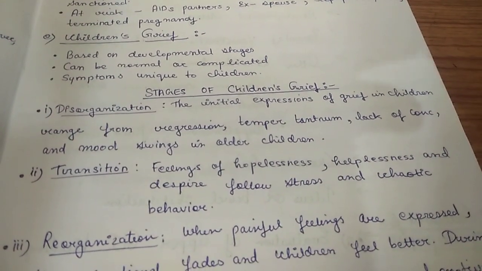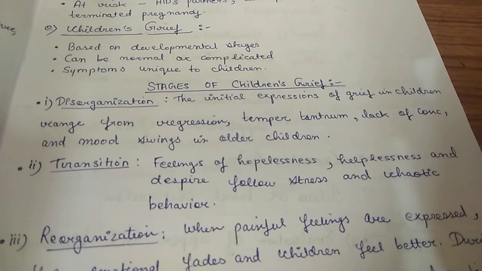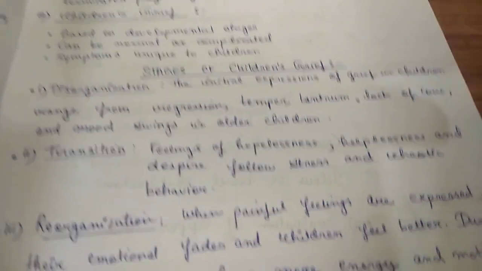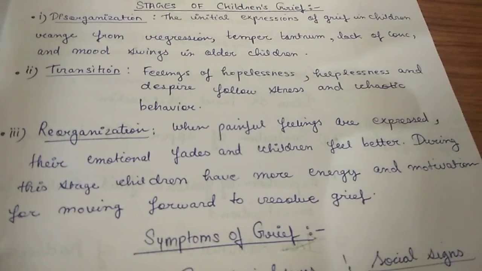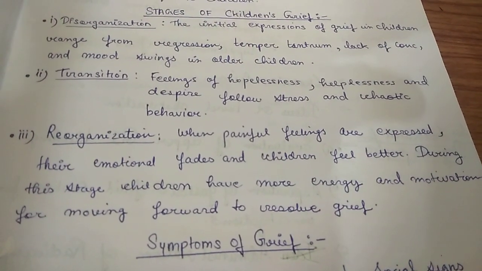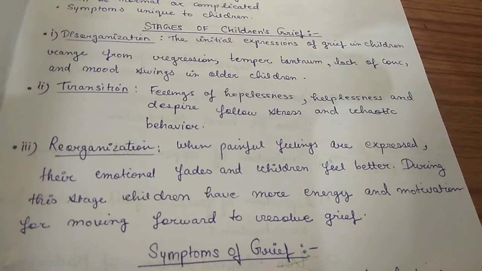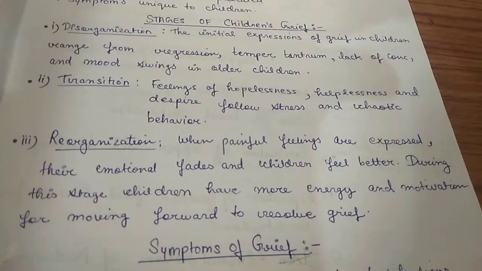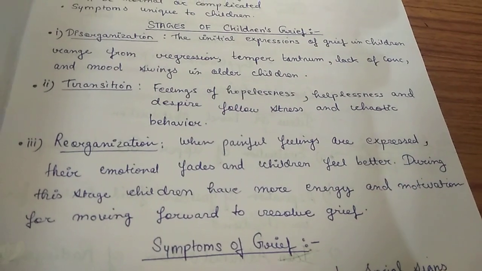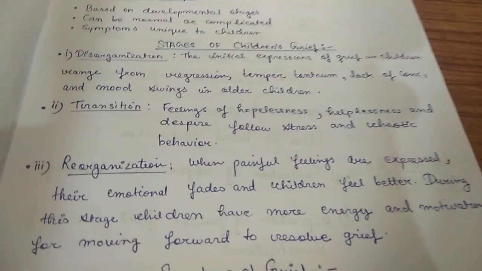Then next one is transition. Feelings of hopelessness, helplessness, and despair follow stress, and chaotic behavior will be present in the patient. Then we have reorganization. When painful feelings are expressed, the emotions fade, and children feel better. During this stage, children have more energy and motivation for moving forward to resolve the grief. So the first one is disorganization.